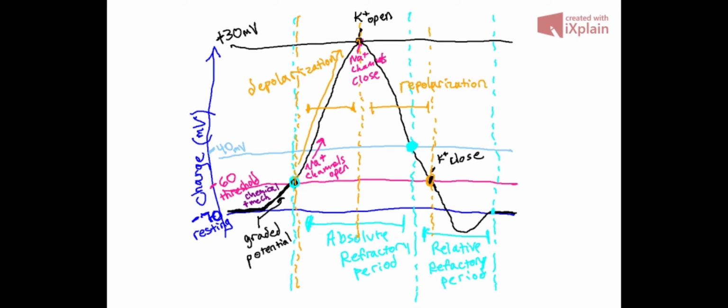So repolarization just means when the charge is going from its max, positive 30, all the way down to the threshold again, negative 60. So from negative 60 to positive 30 is depolarization. From positive 30 back down to negative 60 is repolarization.